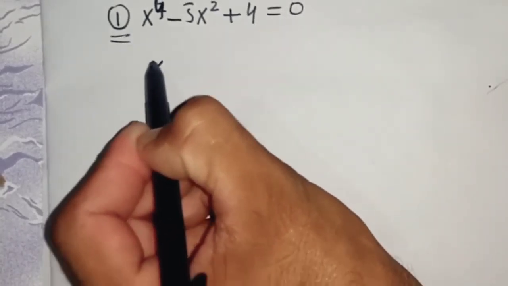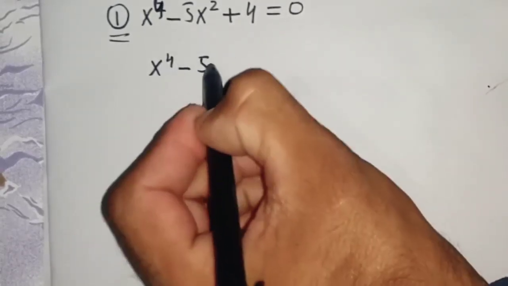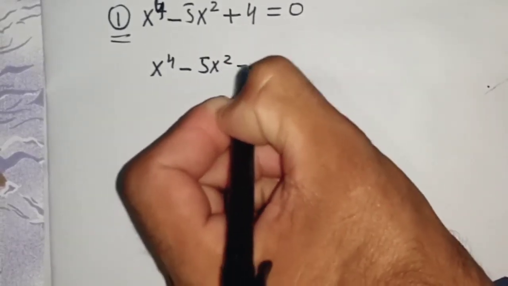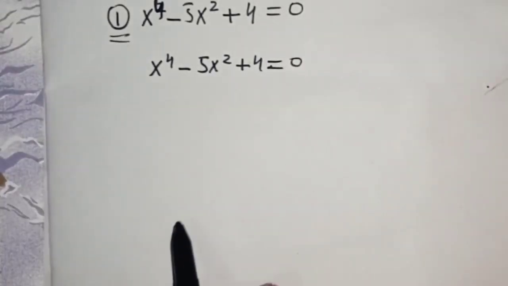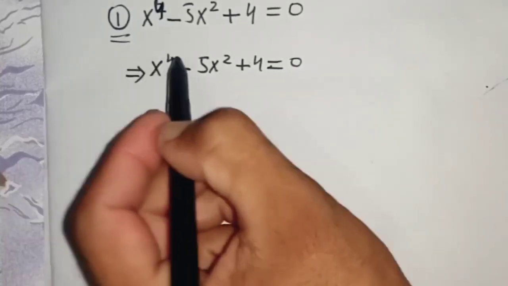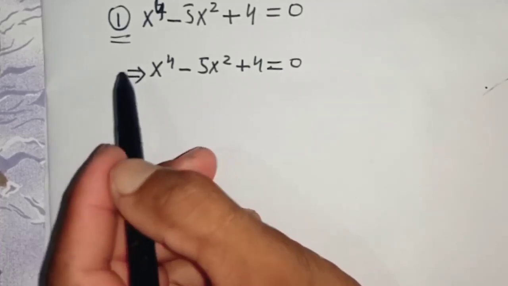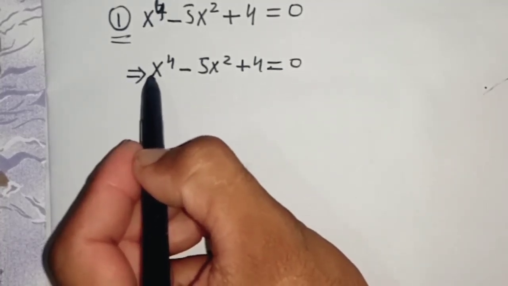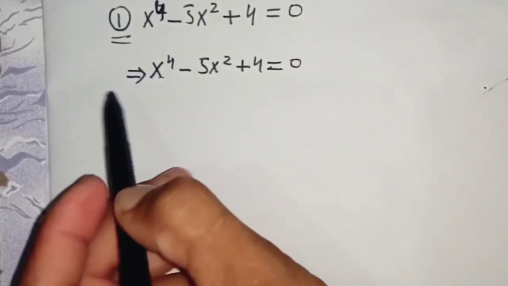This equation is not a quadratic equation, because here the power of x is 4. So we will change this equation into a quadratic equation by substitution.